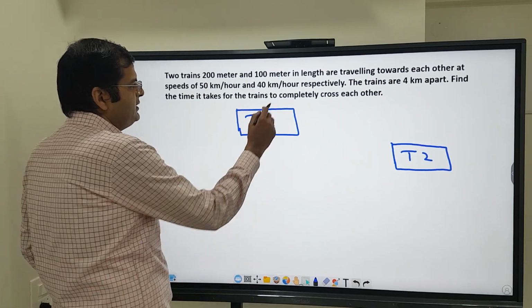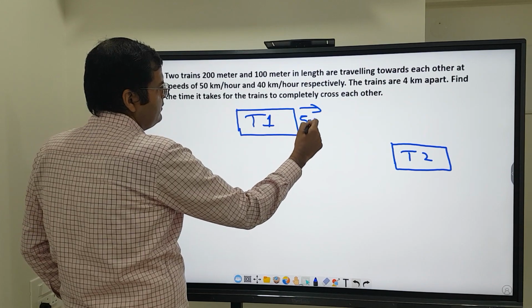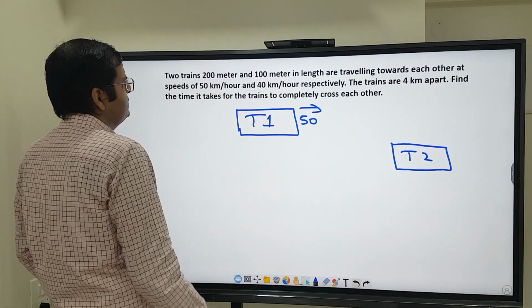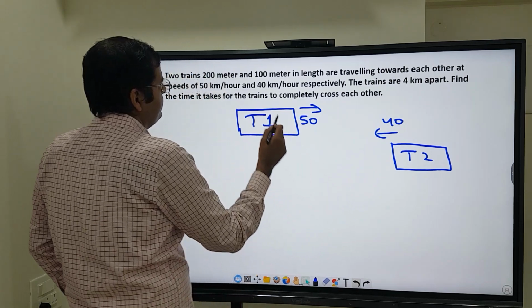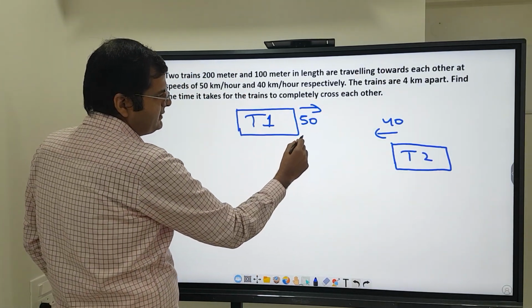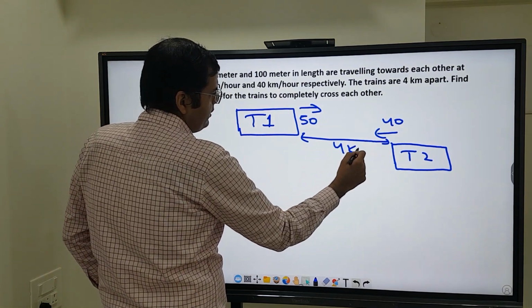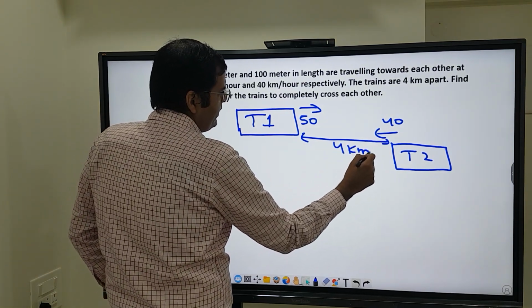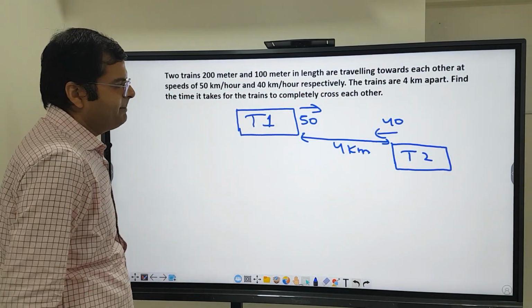This train is traveling at a speed of 50 km per hour, and this train is traveling over here at a speed of 40 km per hour. The distance is given to be 4 km apart. That means from this point till this point, the distance is 4 km. We have to find the time it takes for the trains to completely cross each other.